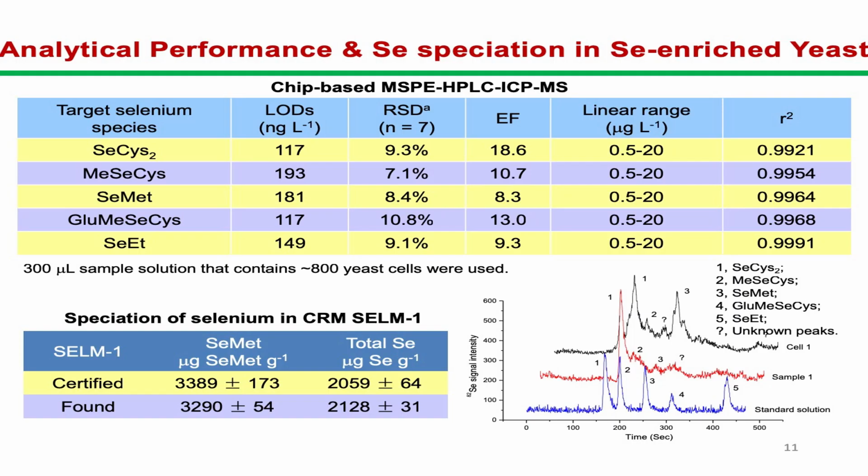After that, we use the elution solution to get the retained target analytes through the outlet, and then connect them online with HPLC-ICP-MS for the subsequent selenium speciation. This is the typical analytical performance for this combination, and also the real sample analysis chromatogram. In this case, we used just 800 yeast cells.